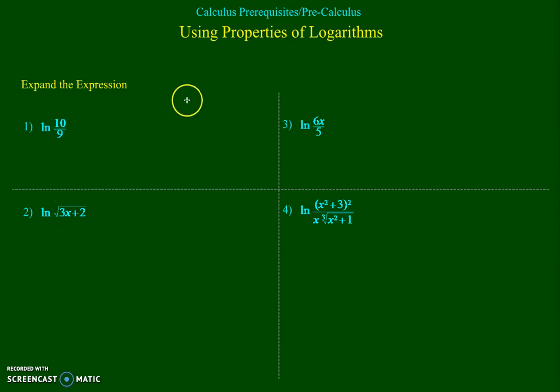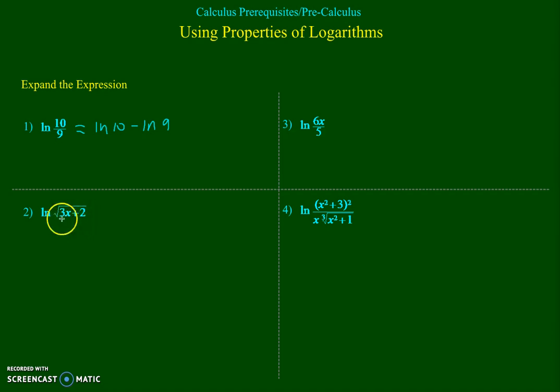In this first example, we have an example of the quotient rule. So this is simply ln of 10 minus ln of 9. We just wanted to expand it. We're not trying to evaluate it. We're just trying to employ the different log rules. So now in this problem, looks like we're going to be using the power rule.